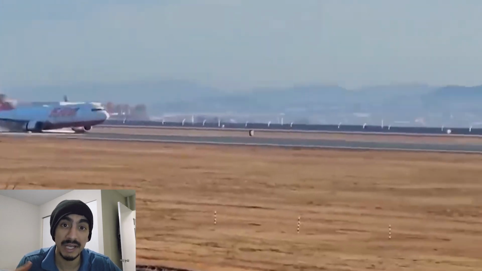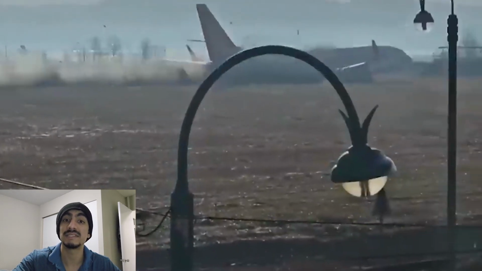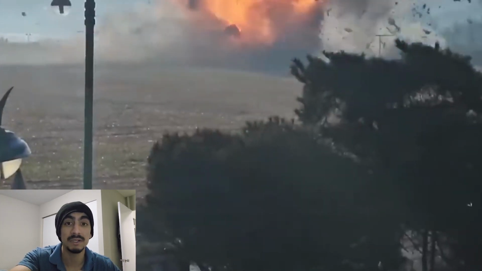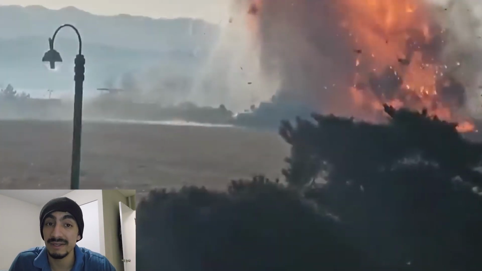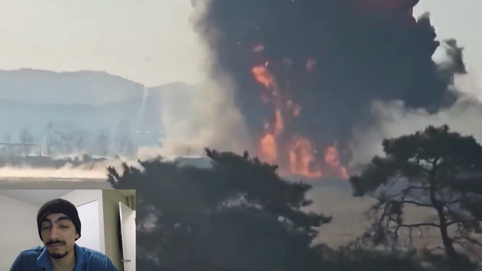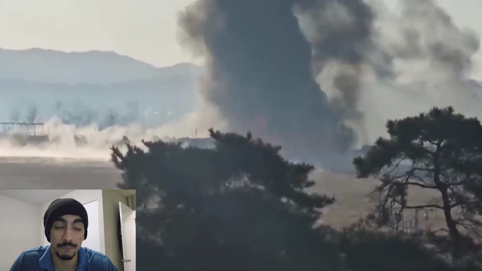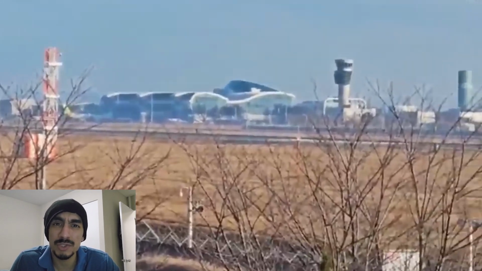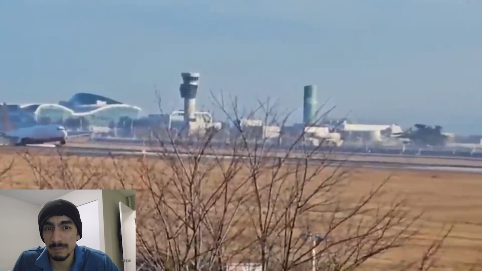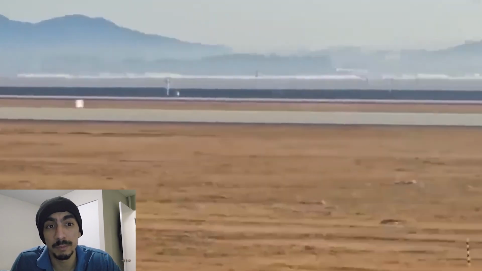So ultimately, the plane ended up belly landing on the runway and it skidded along the runway until ultimately it couldn't stop, and until it collided with a barrier made of concrete, and ultimately it crashed and exploded, killing almost everyone on board, unfortunately, except I think 2 survivors who are, I believe, the cabin crew members who were sitting at the rear end of the airplane.